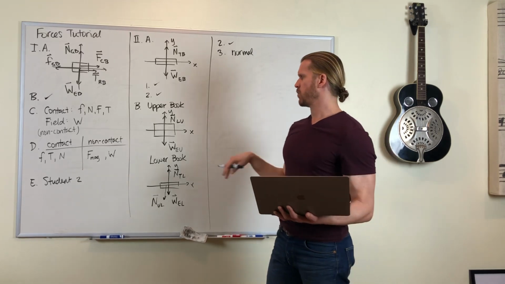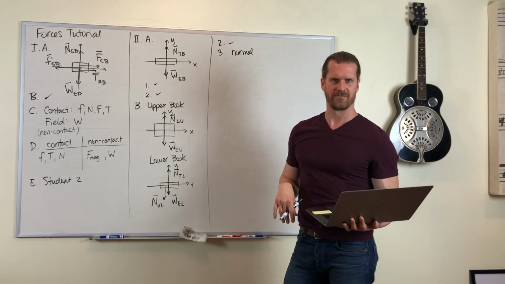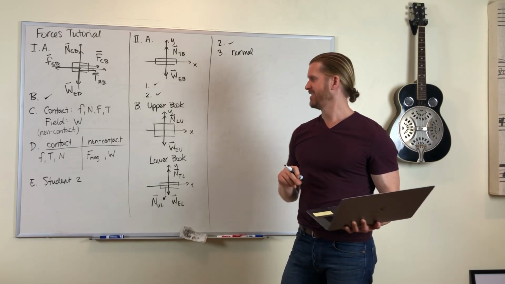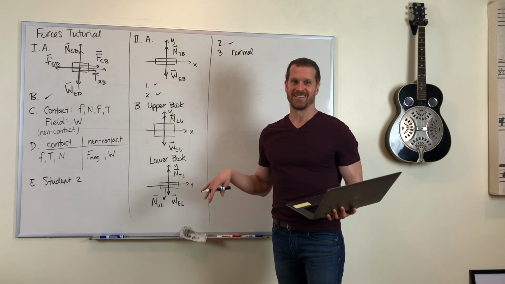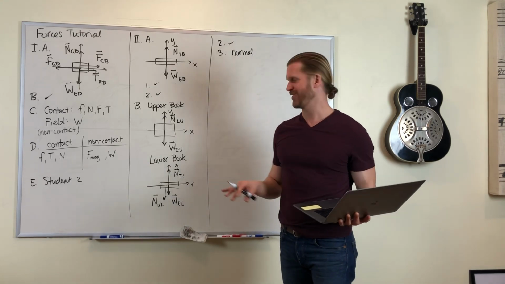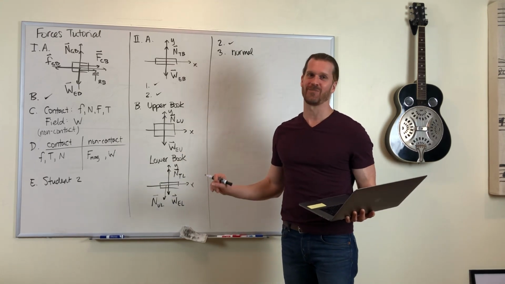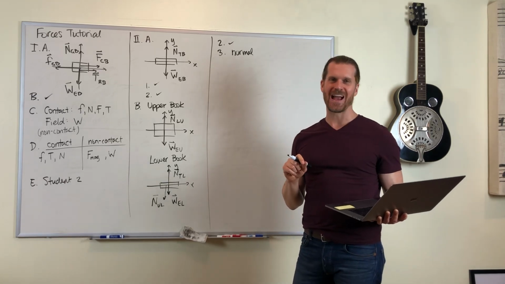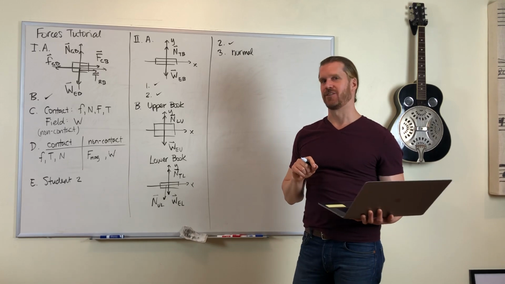And we're not concerned with that in this problem. In fact, the gravity force between two books, if we really wanted to be super accurate, we could draw that in this free body diagram, but the gravity force between two books is so tiny that it wouldn't matter at all.